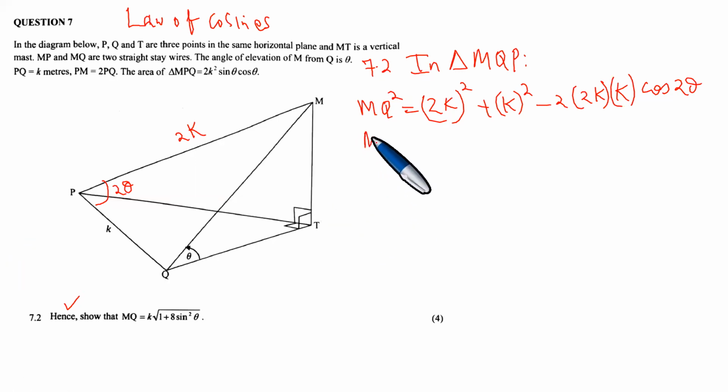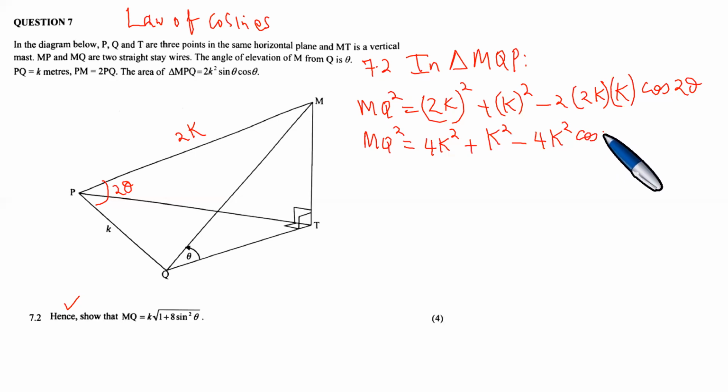So we have MQ squared, which equals 4k squared, because you square the 2, you get 4, plus the k squared, minus 2 by 2 is 4k squared times the cosine of 2 theta.